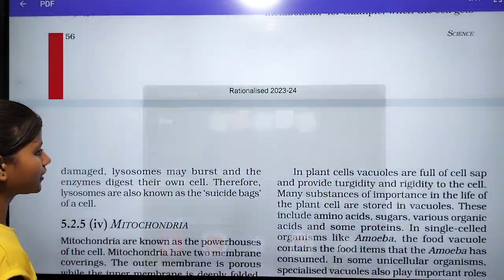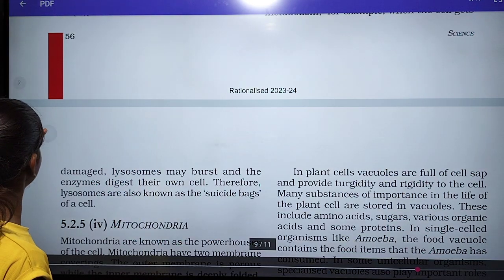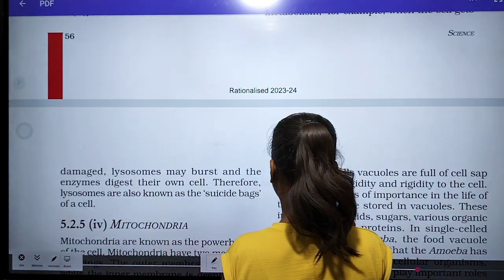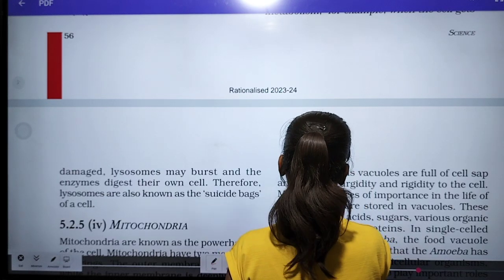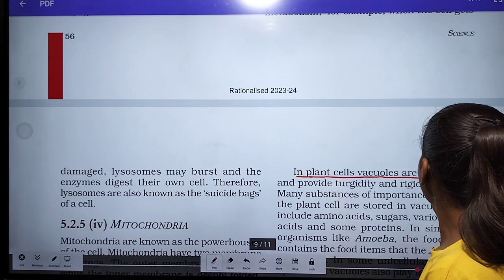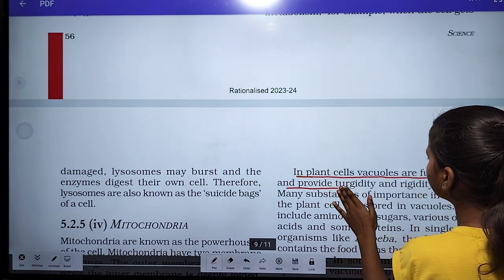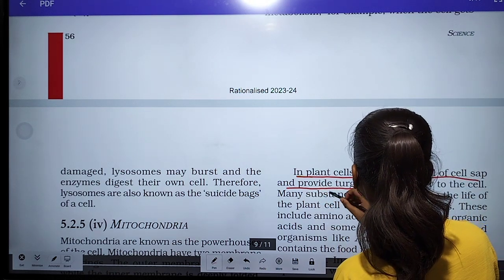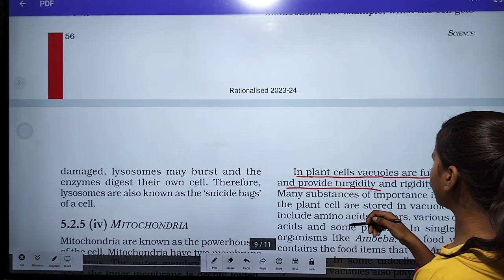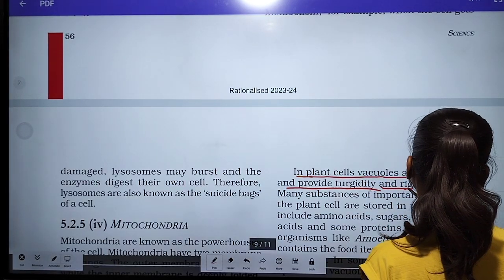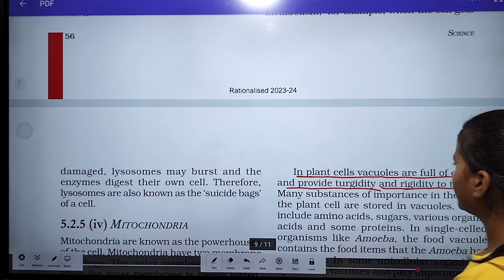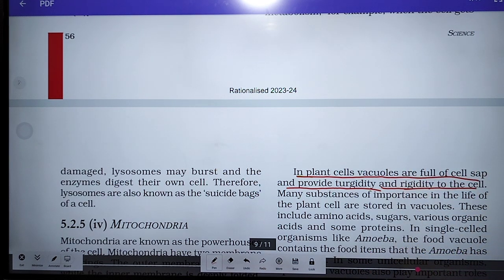In plant cells, vacuoles are full of cell sap and provide turgidity and rigidity to the cell.